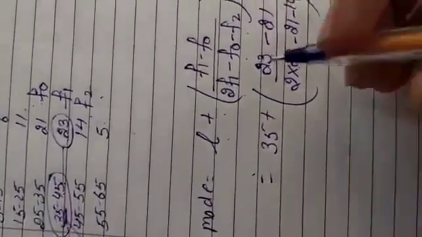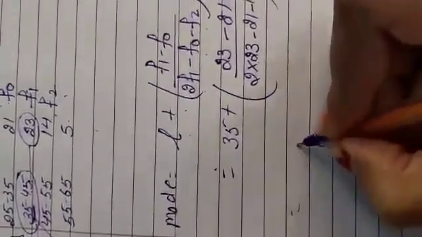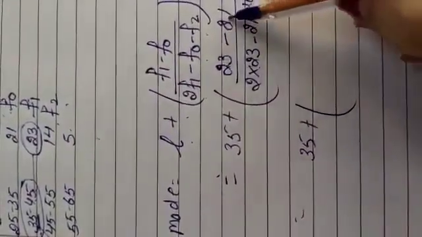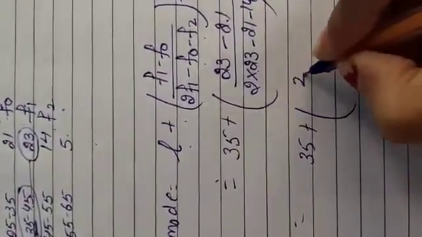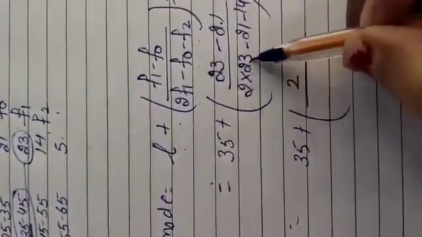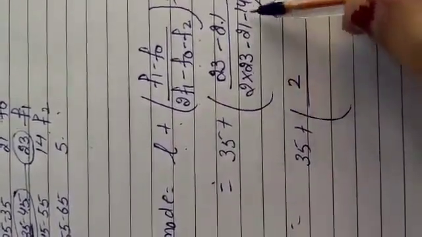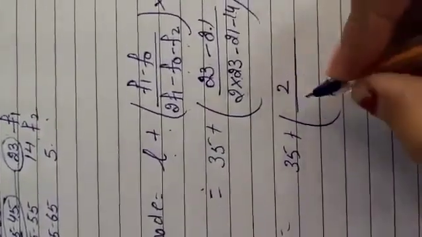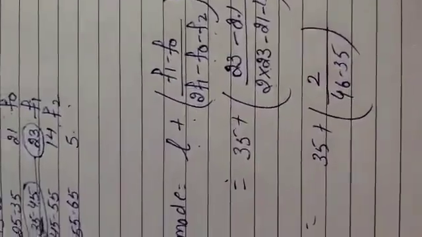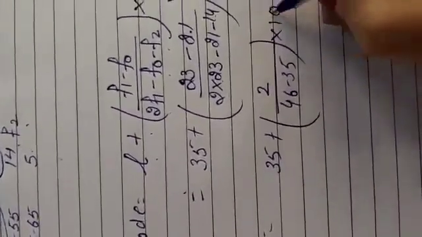Now solve it. It is 35 plus (23 minus 21), which is 2, divided by: 23 twos are 46, minus 21 minus 14 which is 35, so 46 minus 35, multiplied by h.